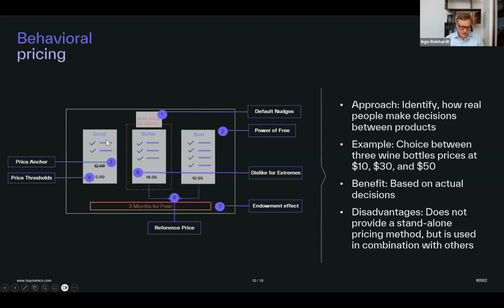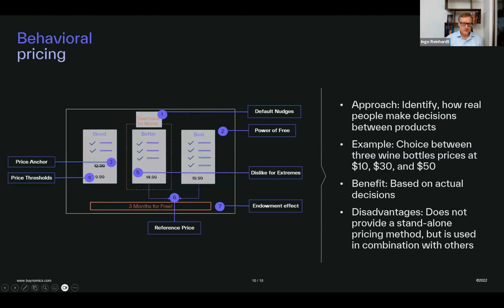In situations where it's easier to assess the value of products, so for example, if you're pricing a mobile plan as a telco company, and you have different data volumes, and customers have a good understanding of how much data they need per month, it's much more difficult to steer customers towards a certain product.